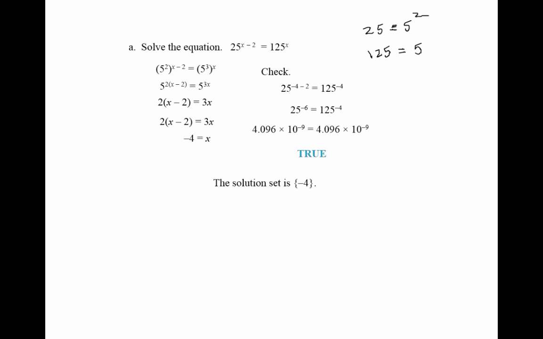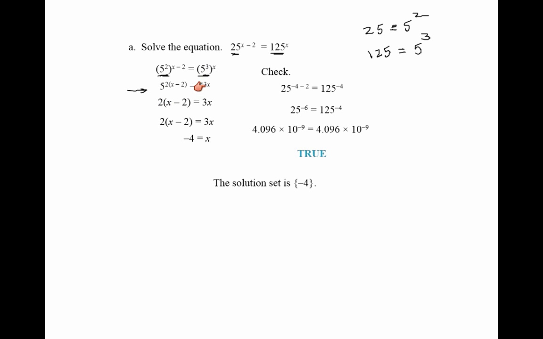Everywhere I see 25, I'm going to substitute 5 squared, and everywhere I see 125, I'm going to substitute 5 cubed. On the left-hand side I get 5^(2(x-2)), and on the right-hand side I get 5^(3x). So 2(x-2) must be equal to 3x.